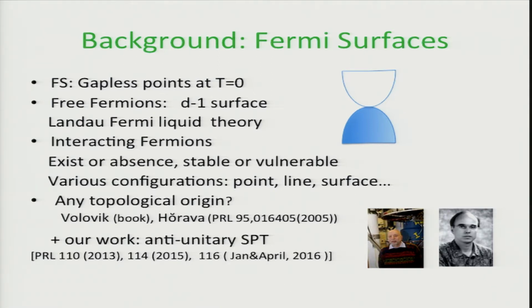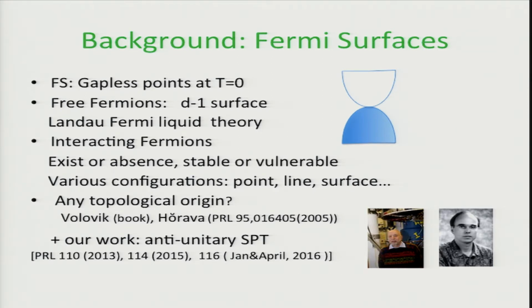Actually, there is a very beautiful answer for the one kind of class without any discrete symmetry. This is in Volovik's book. Then Horava proved using algebraic topological theory, K-theory, that this classification or understanding is mathematically sound and solid.